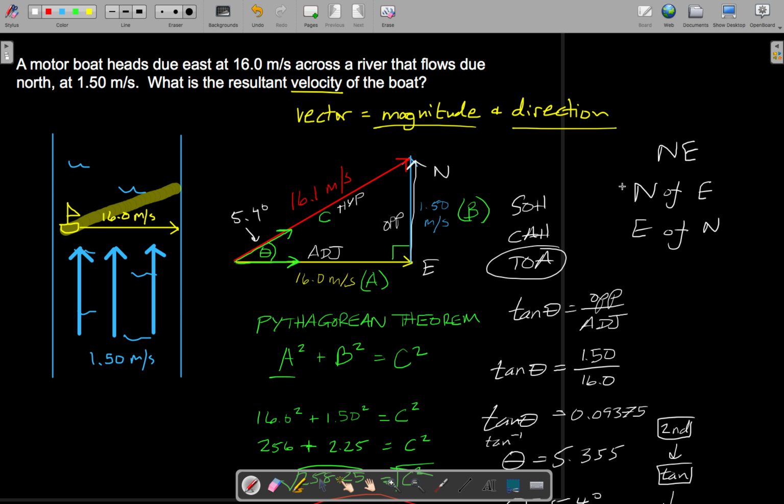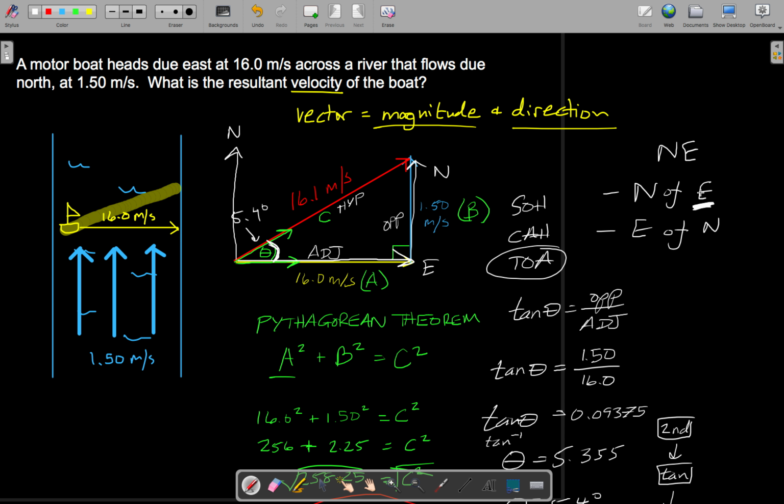And the only way we can be able to figure out which one of these two it would be is ask yourself, where is this angle touching? Is it touching the north vector or the east vector? You'll notice that the north vector is actually going right like this, and the east vector is going this way. The angle is actually touching the east vector. So wherever your angle touches, that has to be the direction of the second part of that word phrase.